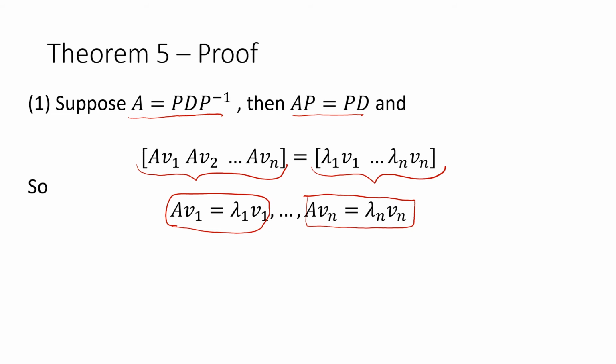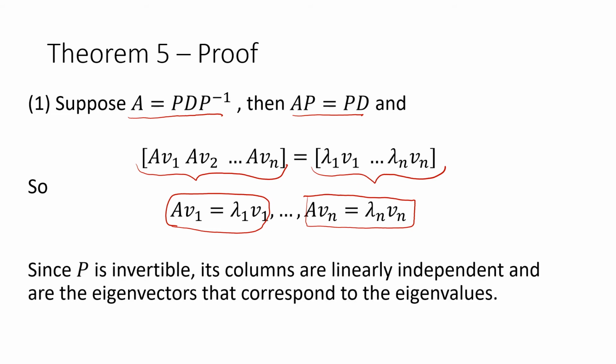So look at what you're getting here. This is essentially the statement of what an eigenvector and an eigenvalue is. We said right off the bat that A is equal to P times D times P inverse, so that means P is invertible. And remember one of the things about invertible matrices: a matrix is invertible if its columns are linearly independent.